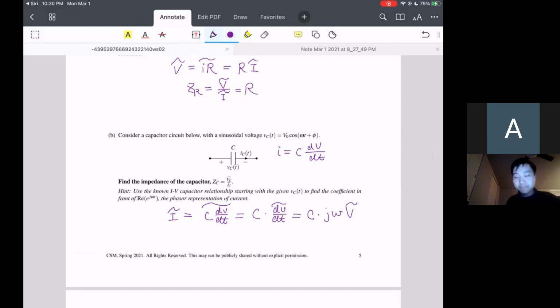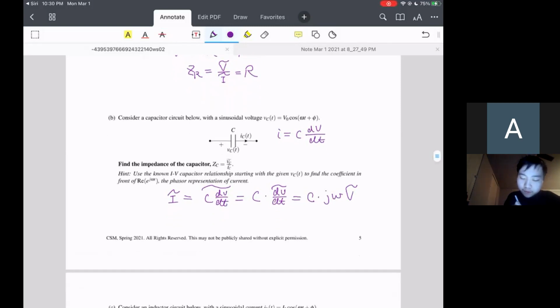And so we see that the impedance of a capacitor is V tilde over I tilde. By moving terms around, we see that this is just 1 over j omega C. As you can see, by simply using the properties that we just derived a little while ago, these problems are relatively easy to solve.